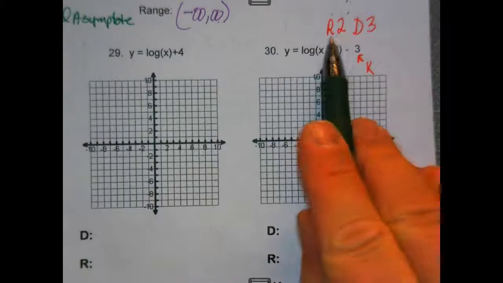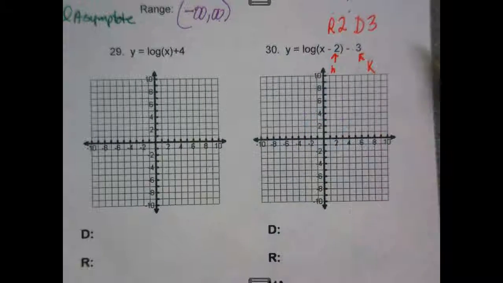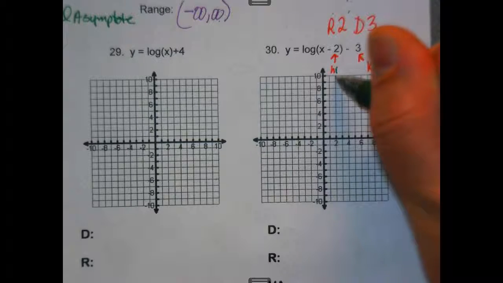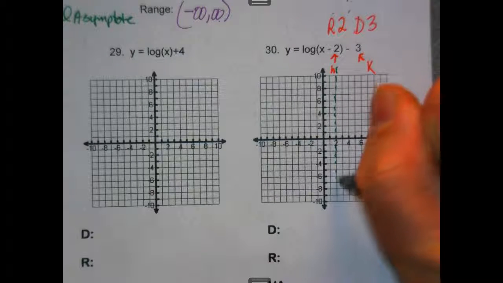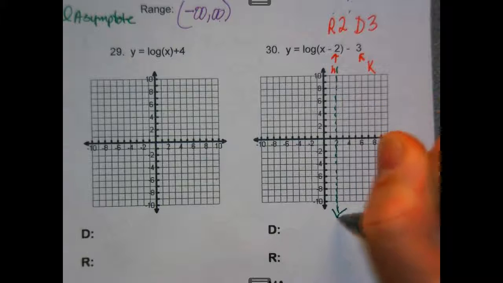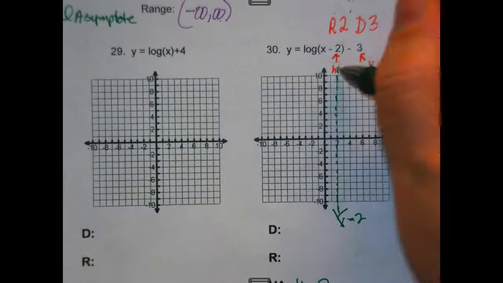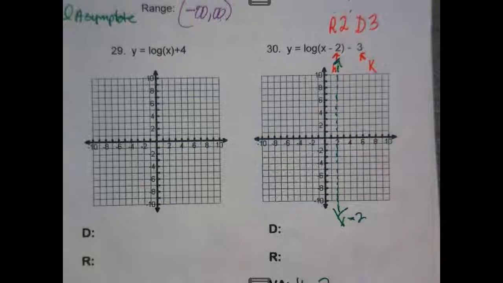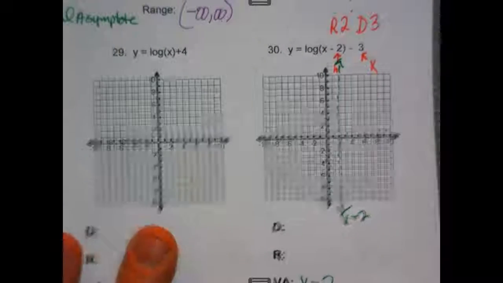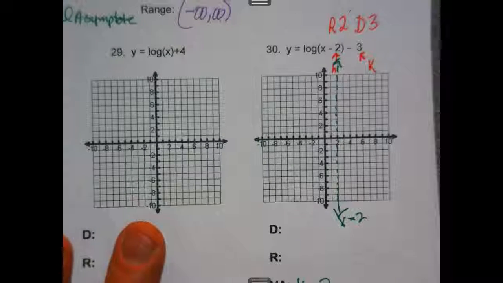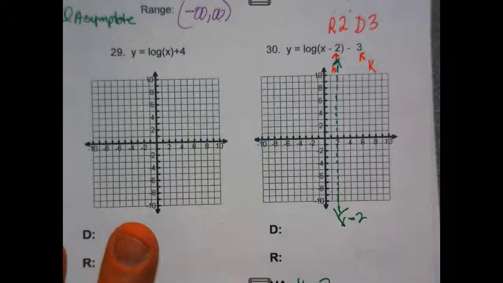It moved how many spots? So x equals 2. Vertical asymptote moved to x equals 2. Okay. Quiet. I'm almost done.